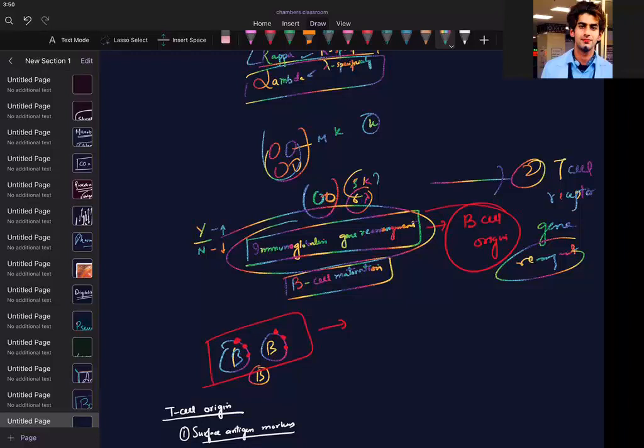Is it showing me the same functional subclass or different functional subclass? Exactly, it is showing me the same functional subclass. Are we clear? Then I have another cell in my hand with a CD8 marker on all of the 20 cells, a T cytotoxic cell.